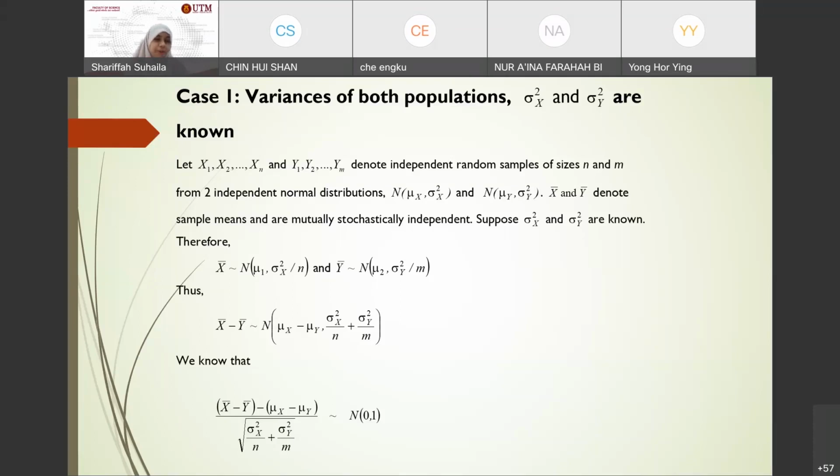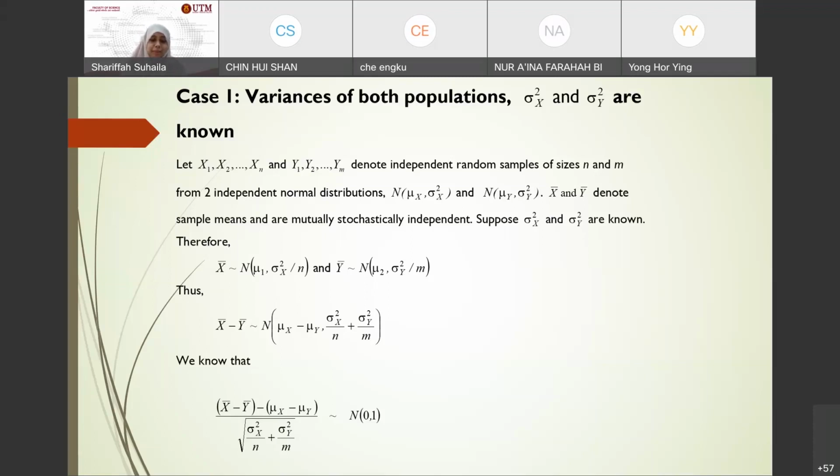Actually, when we use the T distribution, because we have a small sample size, normally we assume that your data comes from a normal distribution. But later on, if you proceed with your studies, let's say doing research, then you need to justify or validate whether your data is normally distributed or not.